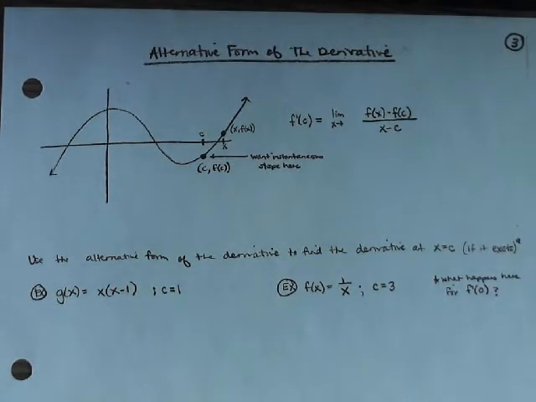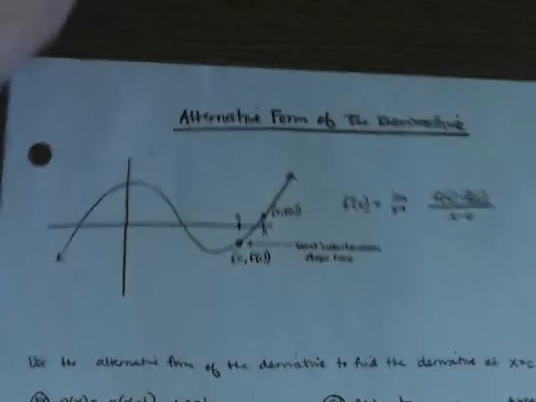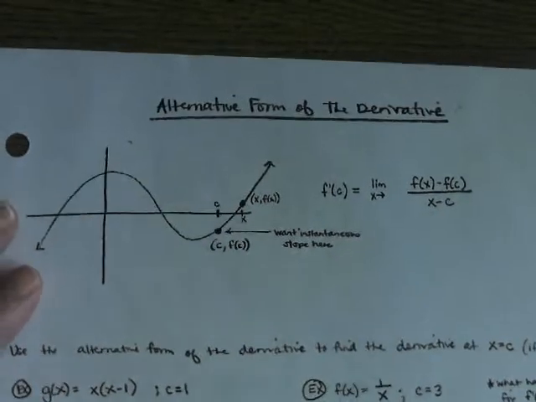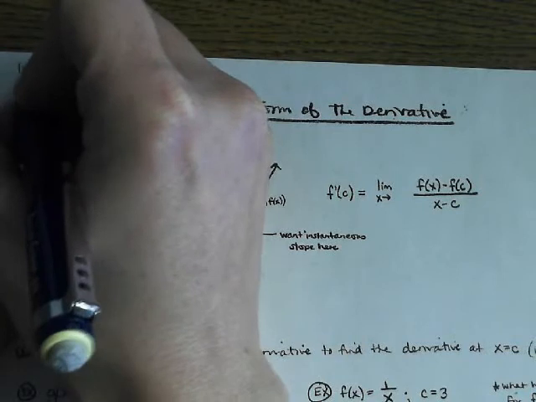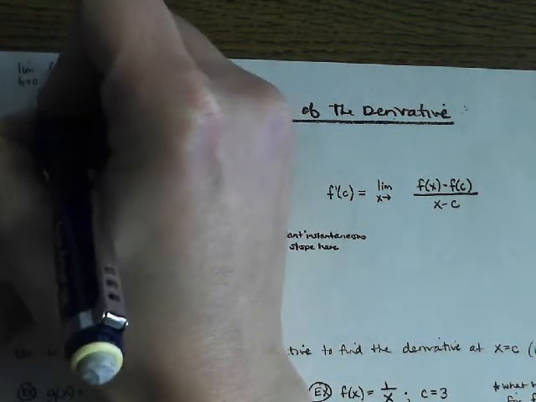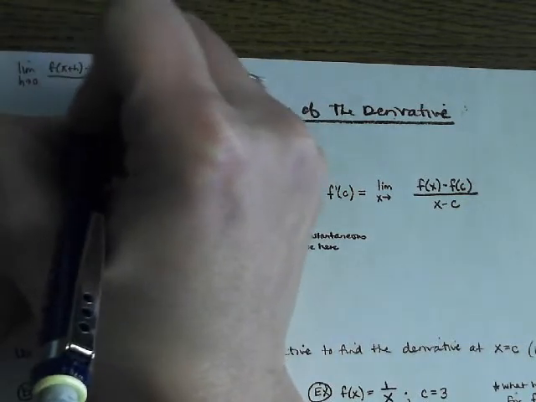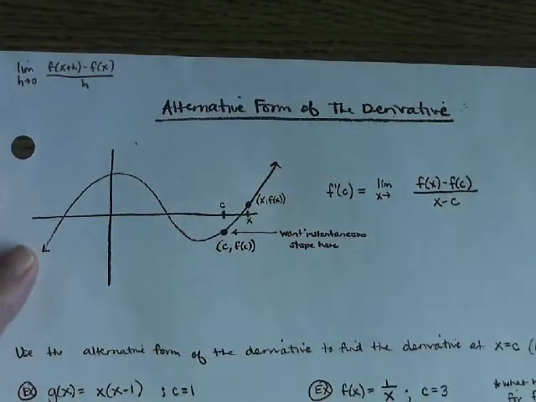Up until this point, and you don't need to write this down, we have done the longer limit form of finding the derivative, which has been this limit as h approaches 0 of f of x plus h minus f of x all over h.